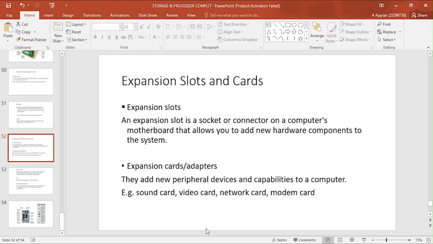We have our sound card that can be slotted in there. We have the video card, the network card, typically to allow us to connect to the internet or to help us on a network. And then we also have the modem card.